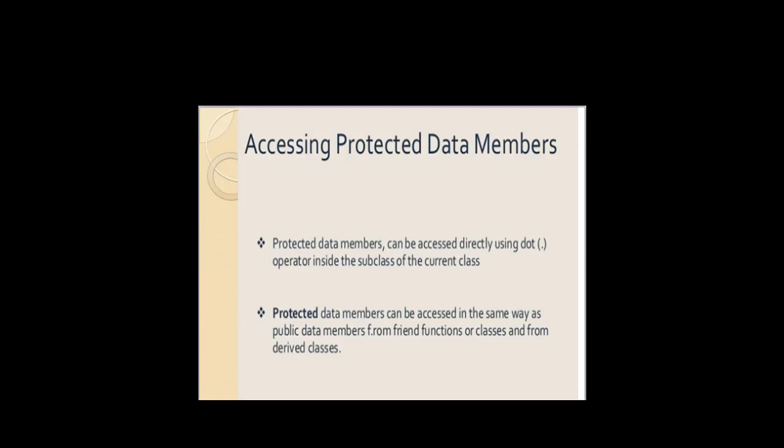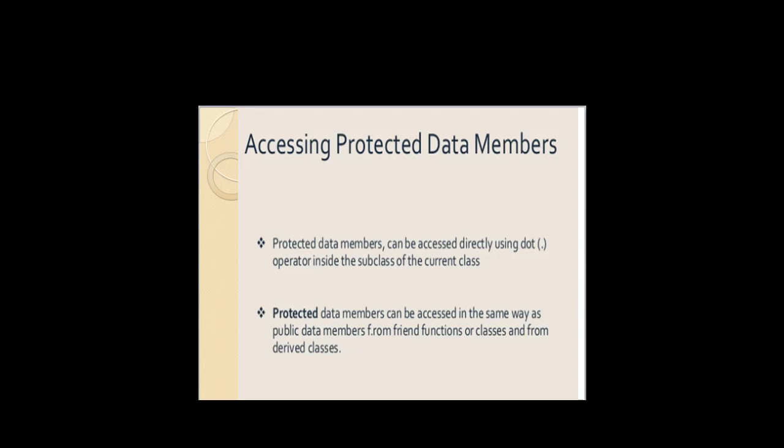So the third access specifier is protected. How will we access the protected data members? Basically, protected member variables or functions are very similar to private members, but they provide one additional benefit: they can be accessed in child classes, which are called derived classes in inheritance.